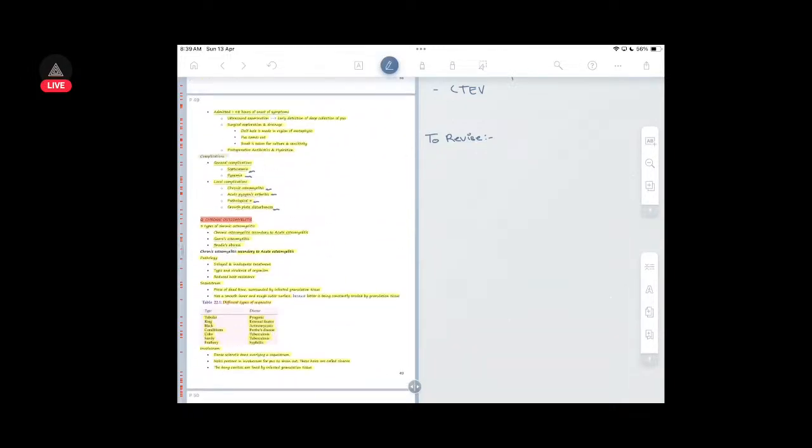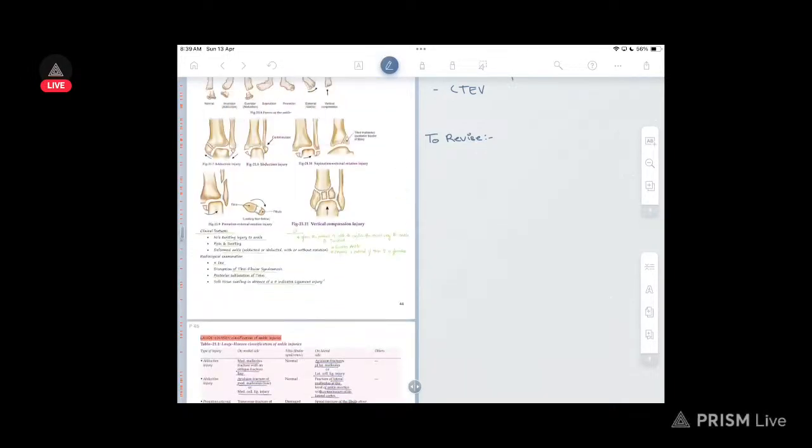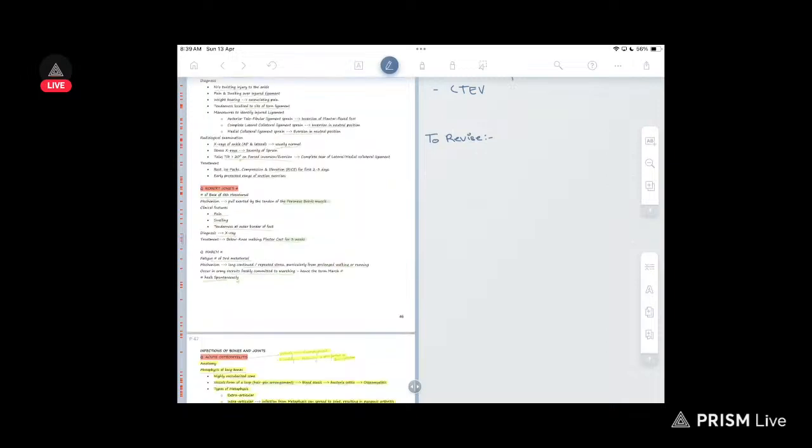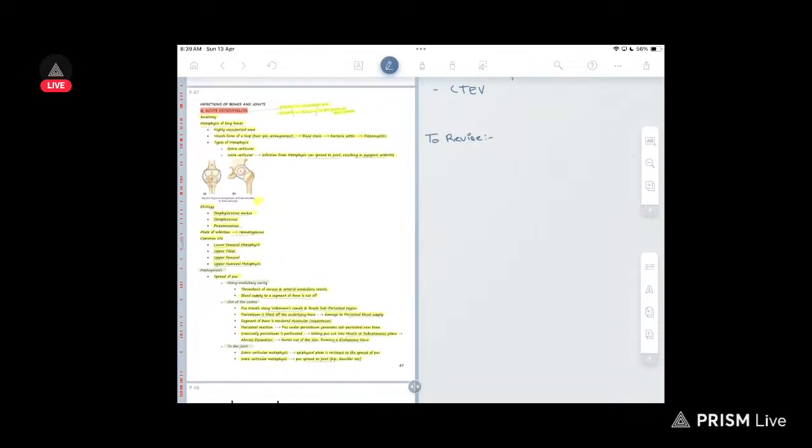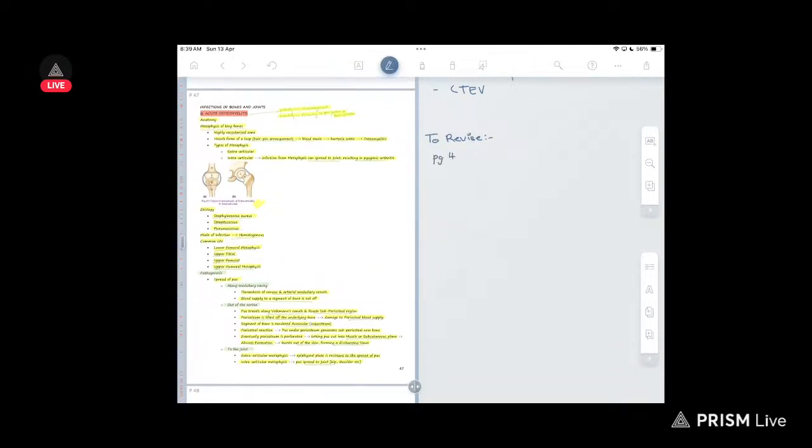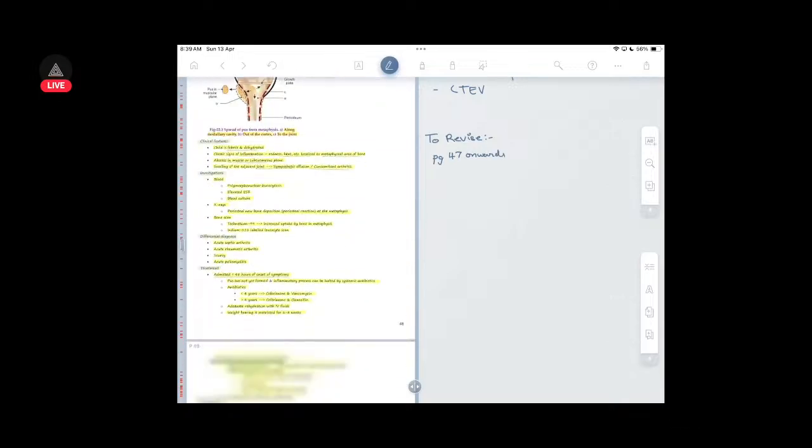So whatever I have done till now, I have to revise again, because they are all very much important. Page 47 onwards, they are the main questions which they can ask.